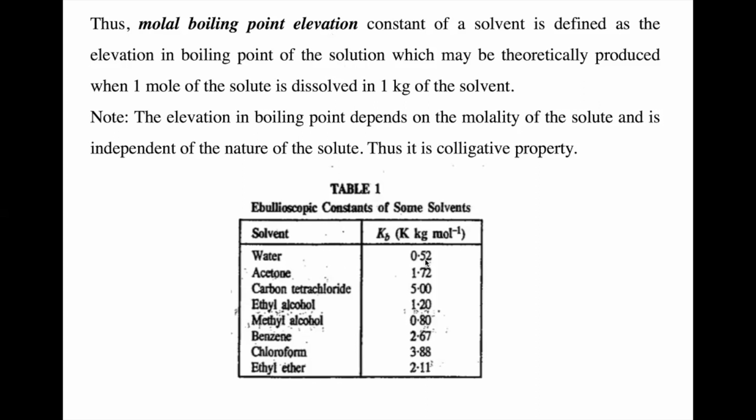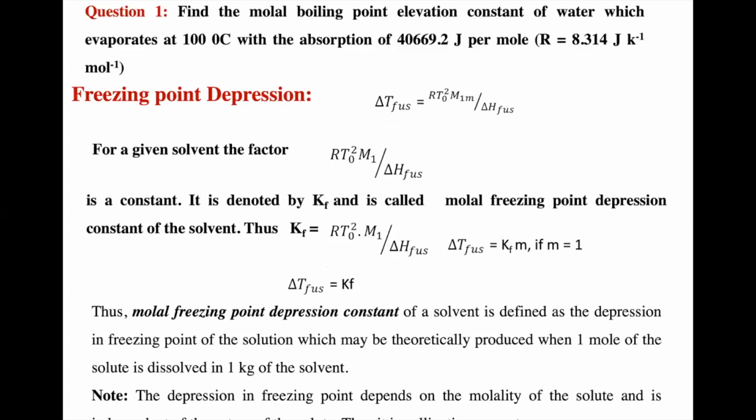For water this is 0.52, for ethyl acetate this is 0.11. So this is very important, the molar boiling point elevation constant Kb. Similarly, you can also solve one numerical problem based upon the molar boiling point elevation. For example, find the molar boiling point elevation constant of water when it evaporates at 100 degrees Celsius with the absorption of 4069.2.